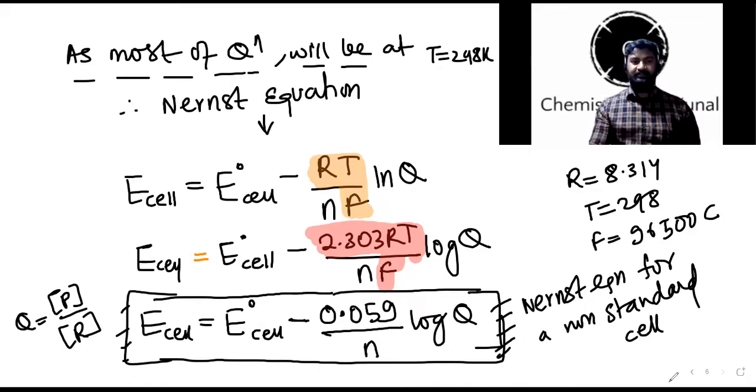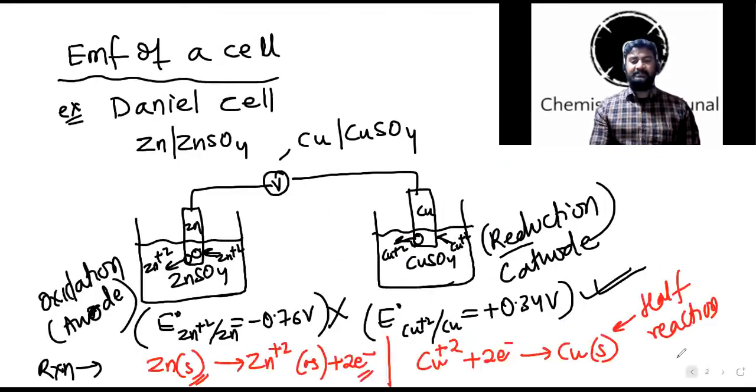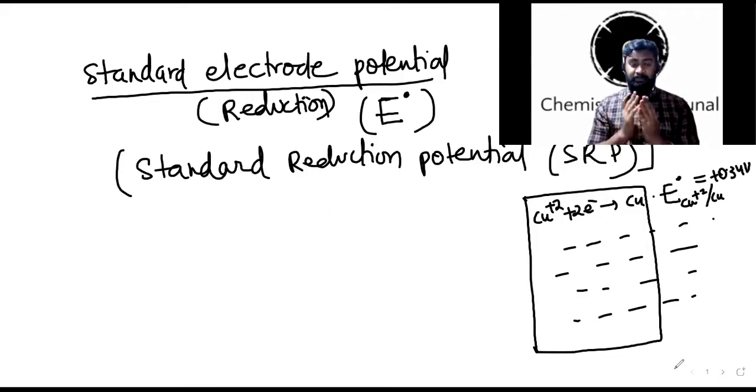So in the next lecture, we'll start with some questions based on the concept we've learned up till now. So far, we have discussed what a cell is, what reduction potential is, what oxidation potential is, which one we take for numericals, which is reduction potential. Then I told you how to find cell potential if both the electrodes are connected.